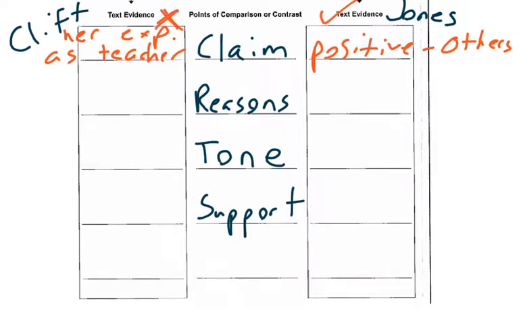Now, what about their reasons? What are some different things that we could talk about with their reasons? So again, pause the video, maybe go back and look. So one thing that Clift brings up when it comes to the differences, the different reasons that Clift gives, is the quality of materials.